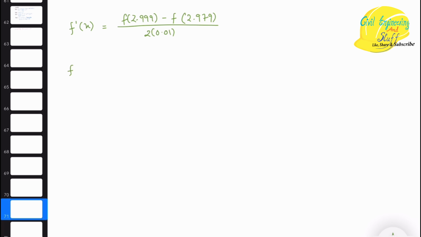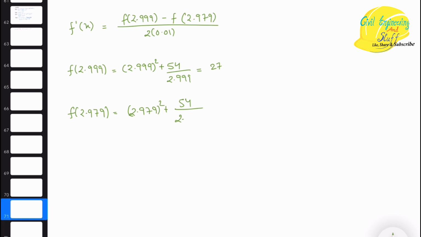So f of 2.999 is equal to 2.999 whole square plus 54 divided by 2.999. On solving it, this is equal to 27, and f of 2.979 is equal to 2.979 whole square plus 54 divided by 2.979. So this will be equal to 27.001.